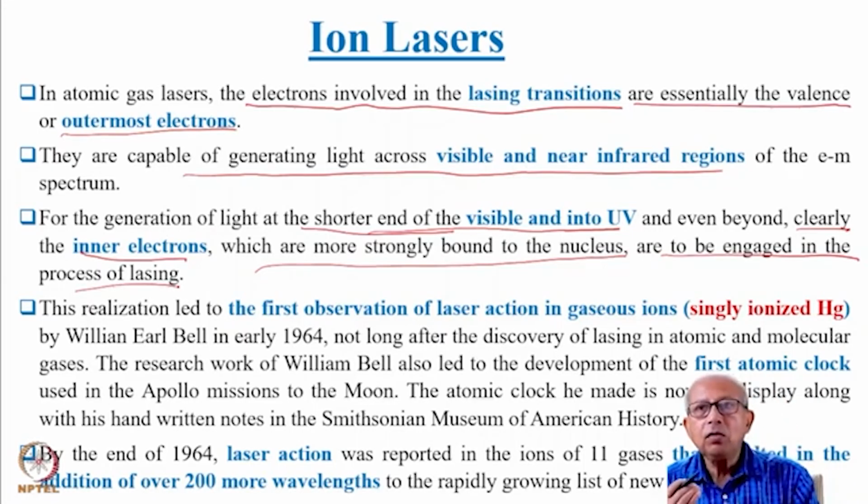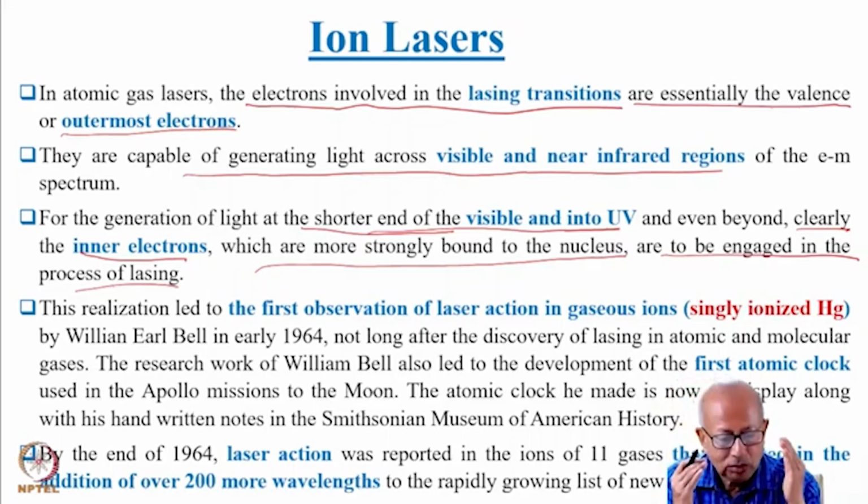You see, if the electron is bound more strongly with the nucleus, then you need more energy to take it to an excited state. So the excited states would be separated by higher energy, and therefore the transition between them also would yield light of shorter wavelength.